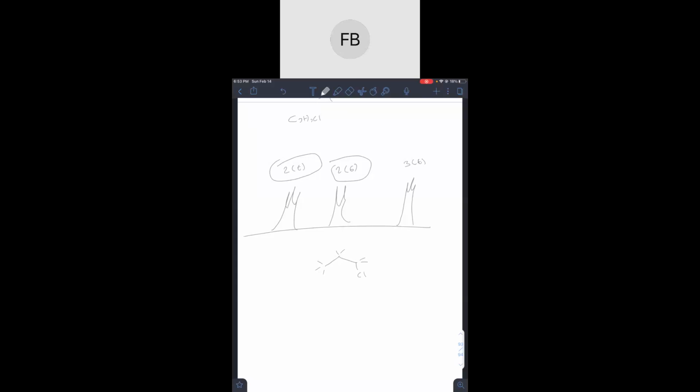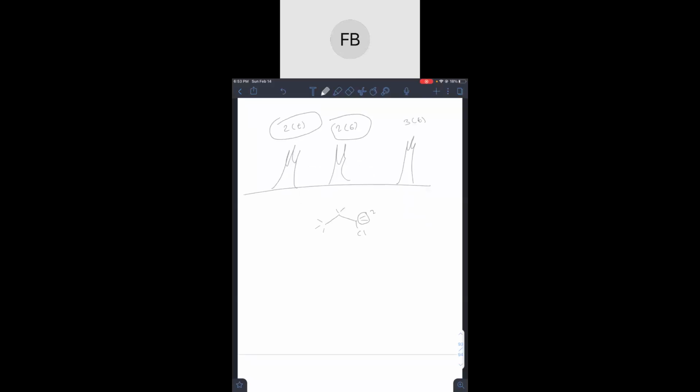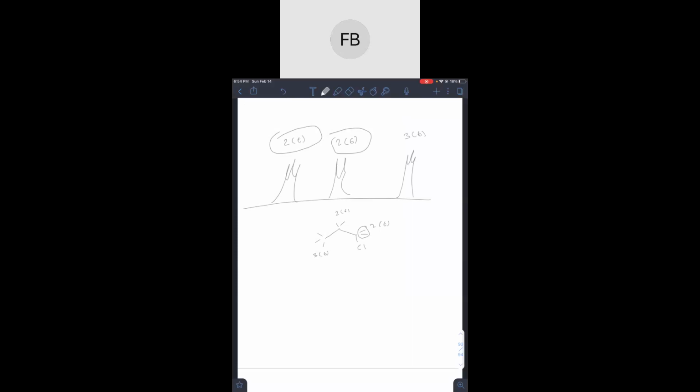Again, we can check this real quick. Sometimes just cover up the rest of it and go through it. This I would call a 2 triplet. This I would call a 2 sextet because it has 5 adjacent hydrogens. And this one I would call a 3 triplet. Let's go back up and check. We have a 2 triplet, a 3 triplet, and a 2 sextet.